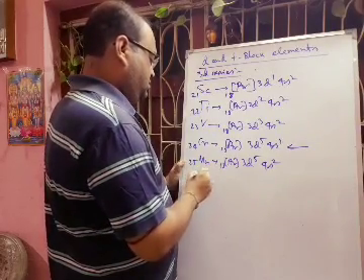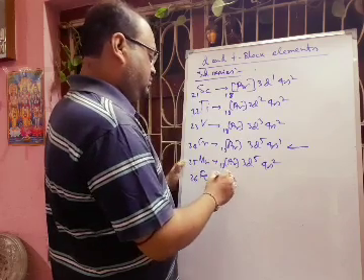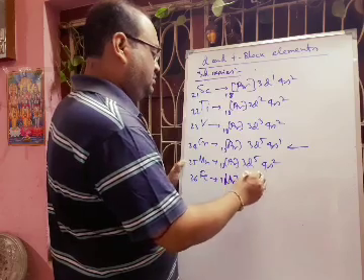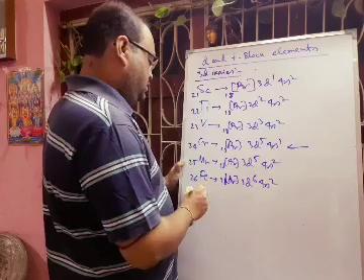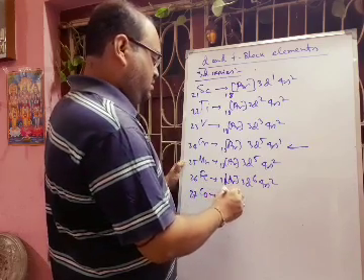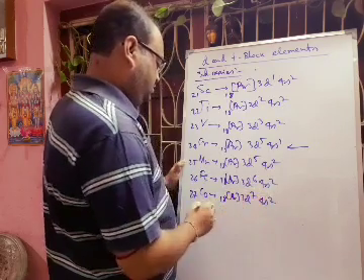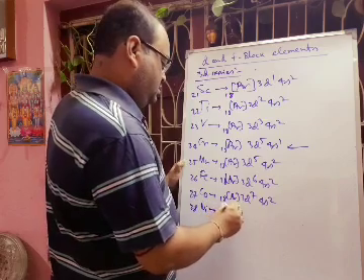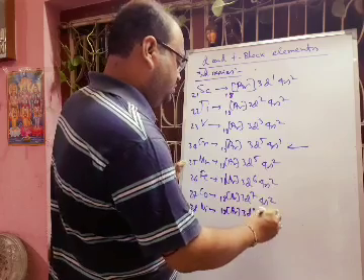Iron, argon 18, 3d6 4s2. Cobalt, 3d7 4s2. Nickel, 3d8 4s2.